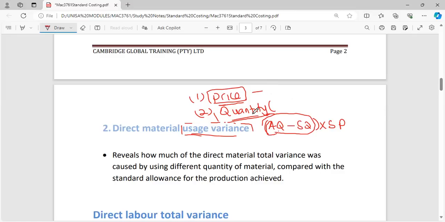So throughout our standard costing, we'll be looking at these two, price and quantity. So in your question, these are the things that you should look at. What was the budgeted price and what is the actual price? That's where your variance is going to come from.